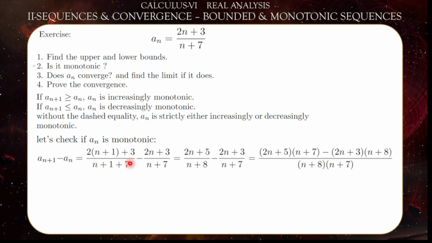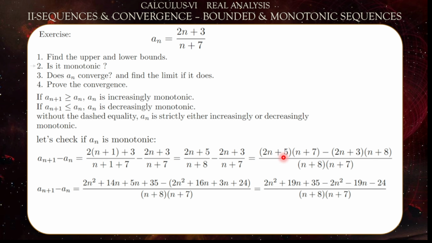Let's check if an is monotonic. An plus 1 minus an is equal to (2 times (n plus 1) plus 3) divided by (n plus 1 plus 7), minus an, which is (2n plus 3) divided by (n plus 7), equal to (2n plus 2 plus 3), which is (2n plus 5) divided by (n plus 8), minus (2n plus 3) divided by (n plus 7), equal to ((2n plus 5) times (n plus 7) minus (2n plus 3) times (n plus 8)) divided by ((n plus 8) times (n plus 7)).